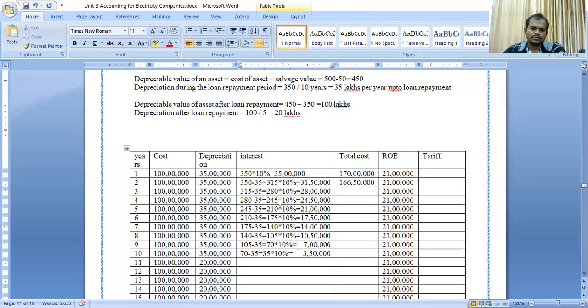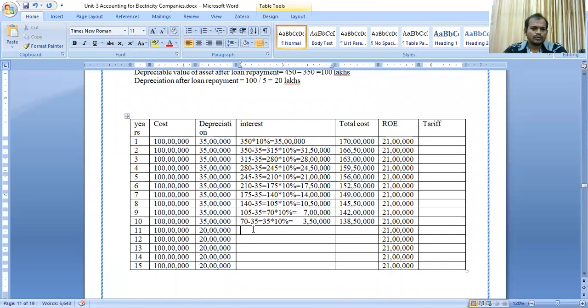It comes around 245. In the 10th year, we calculate whatever left over, 35 lakhs. In the 11th year, there is no loan amount remains. So that there is no need to calculate the interest. So the tariff, the total cost will be like this.